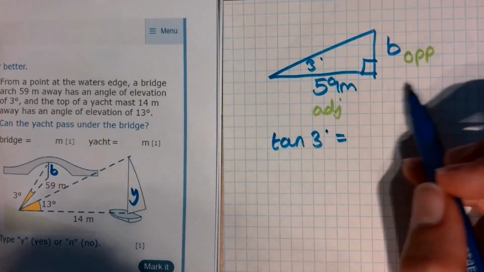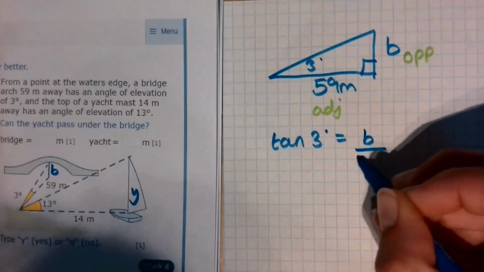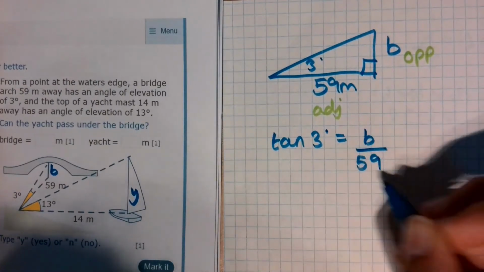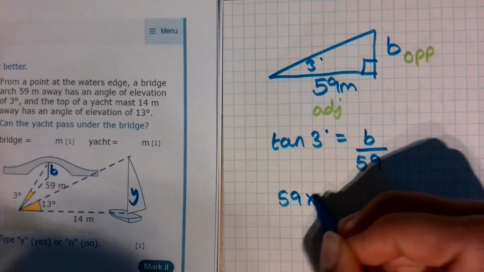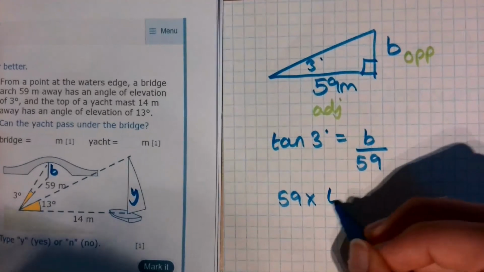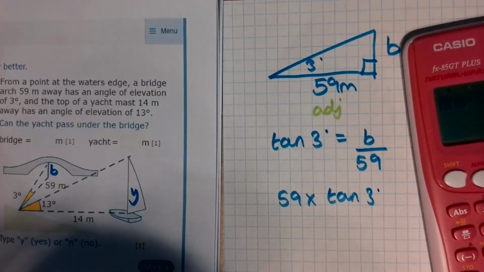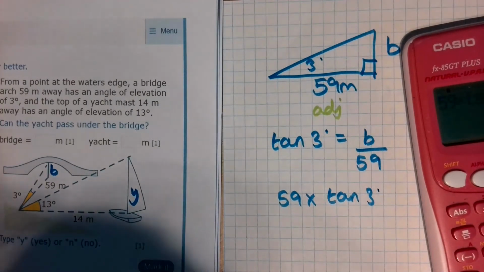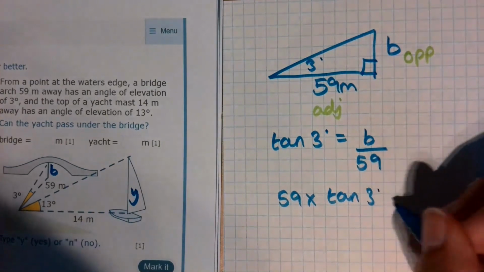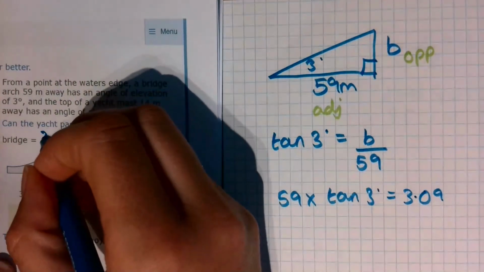Usually, not always. Opposite B over 59. So B is on the top, so we're going to do 59 times tan 3. Let's make that 3.1. 3.1 for my bridge.